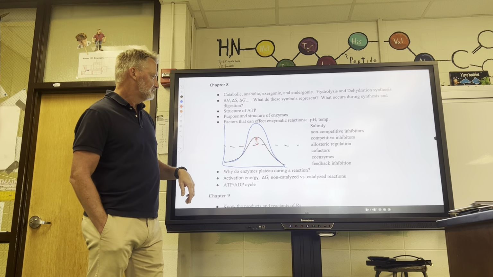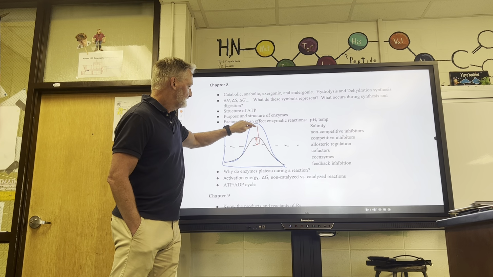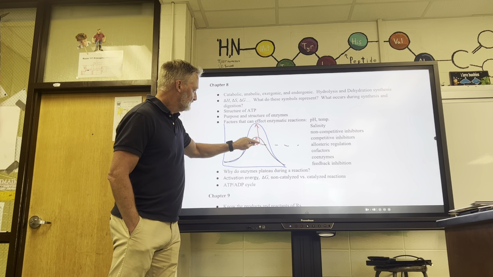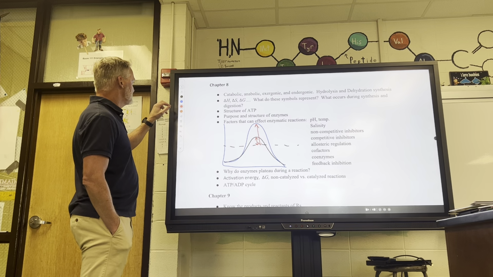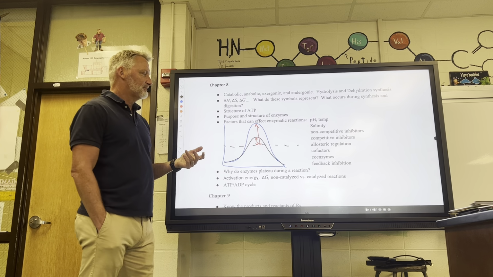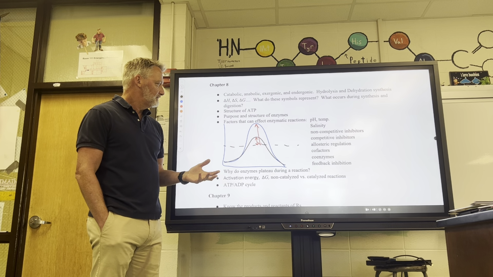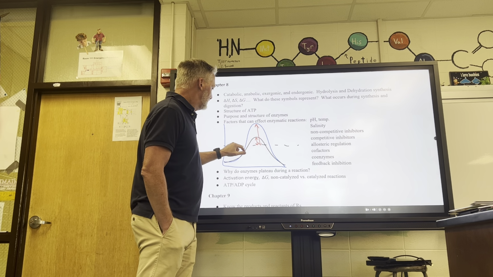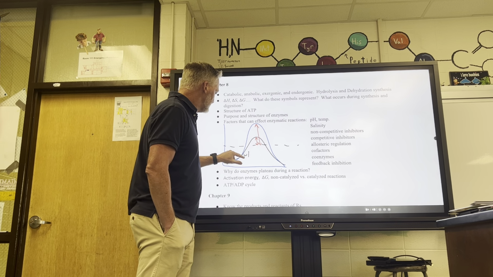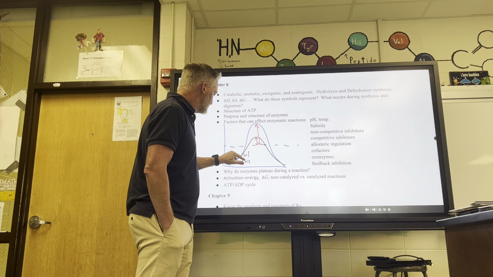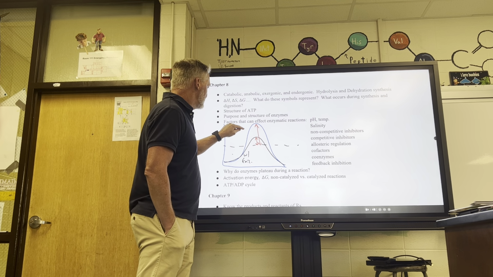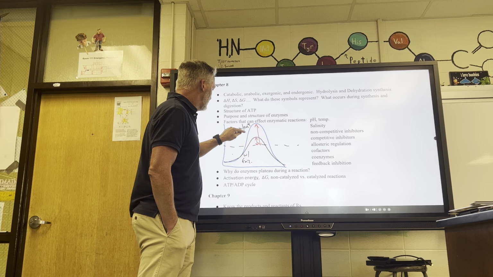Is there another one? Which one represents with the enzyme, which one represents without? The black one is with enzyme, so this is with enzyme, and this is without enzyme.